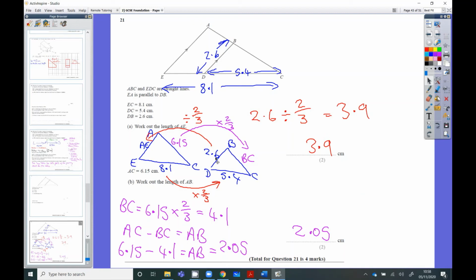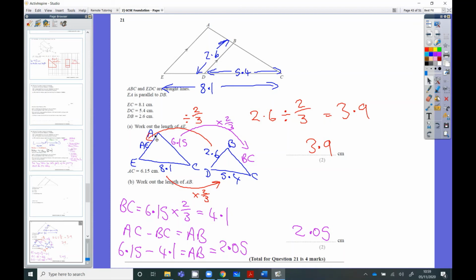That's the same thing. Now we're being asked to work out the length of A to E. This is the bigger length here. So we take our 2.6 and multiply it by 3 over 2 or divide it by 2 over 3, and that gives us 3.9.